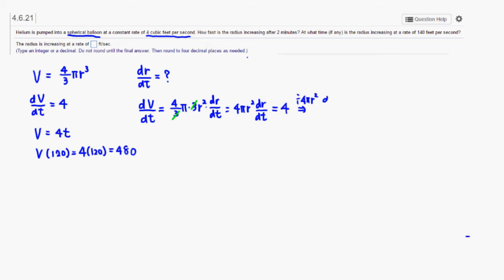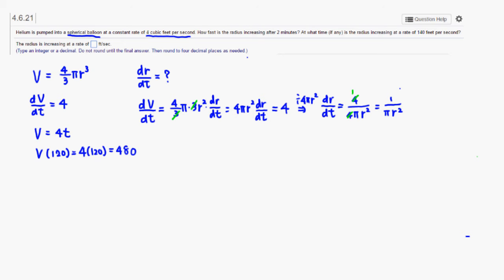So dr over dt, which is what we are looking for, is 4 divided by 4 pi r squared. You can cancel the 4's, and you end up getting 1 over pi r squared.